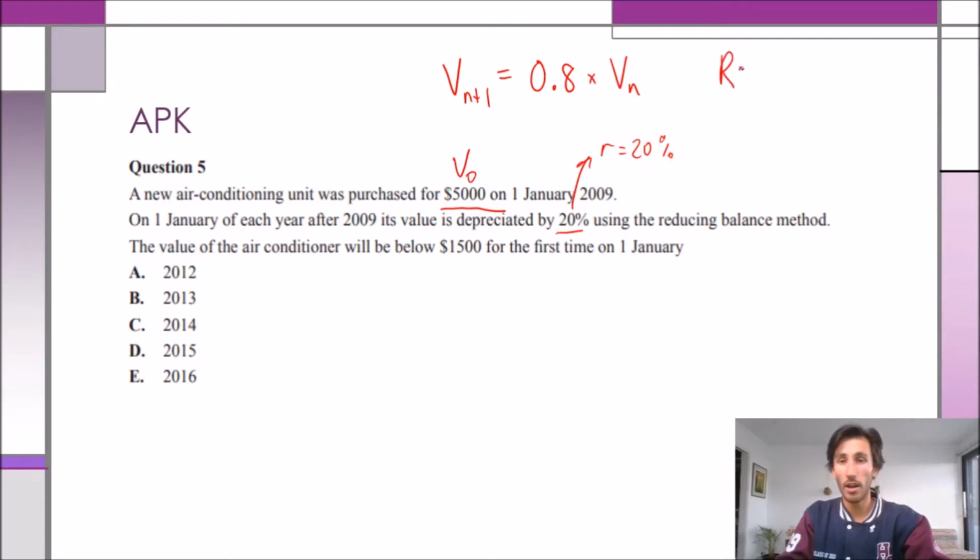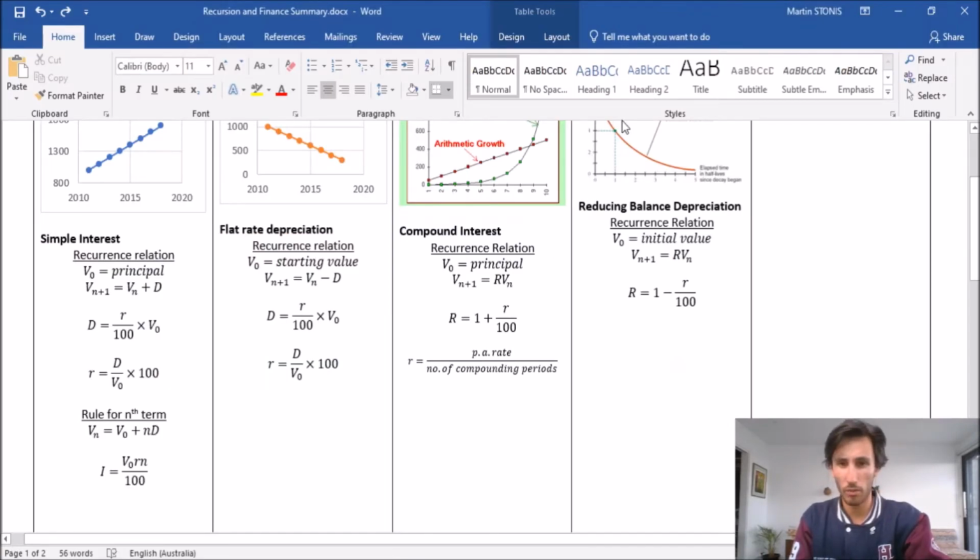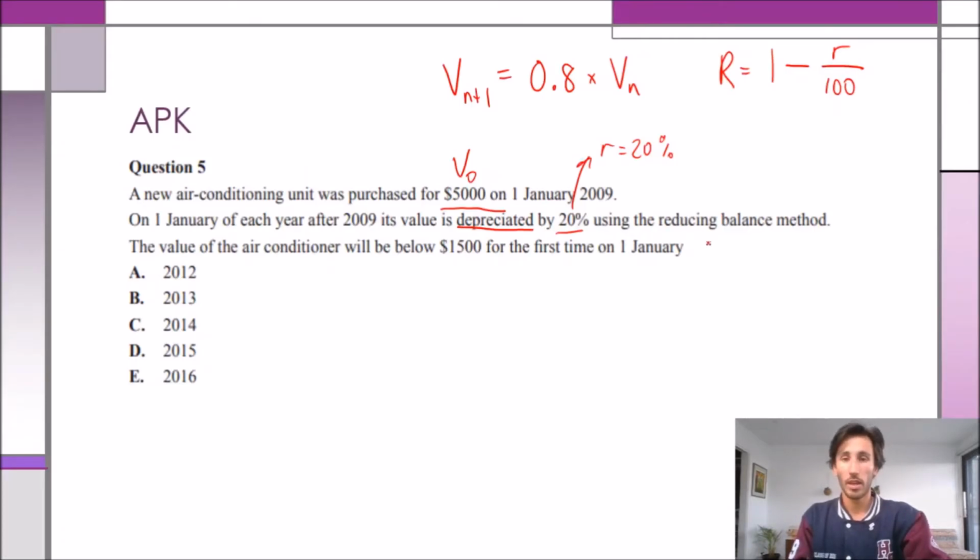Well, I know that R is equal to 1 minus r on 100, because we're talking about depreciation. Since it says 20% and reducing balance, I know it's going to be in this format. If we look at our notes, the reducing balance depreciation recurrence relation is R times Vn, where capital R is 1 minus little r on 100. So we know it's going to be 0.8 times Vn.